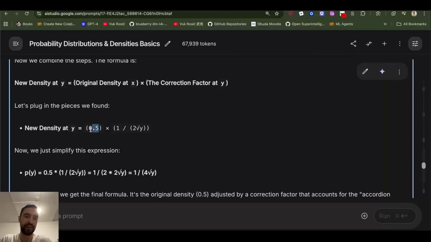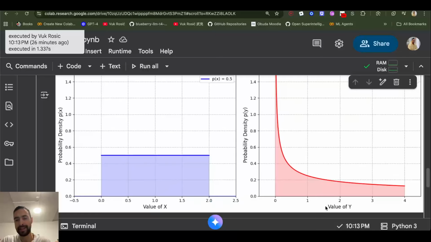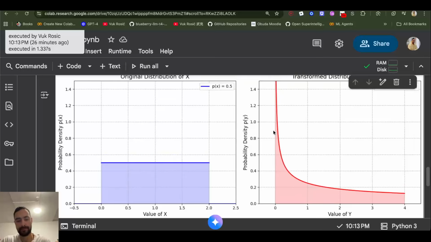So 0.5, because the probability is 0.5 everywhere for x, times this factor that scales with y. By plugging in the y value, you will get the probability at y.